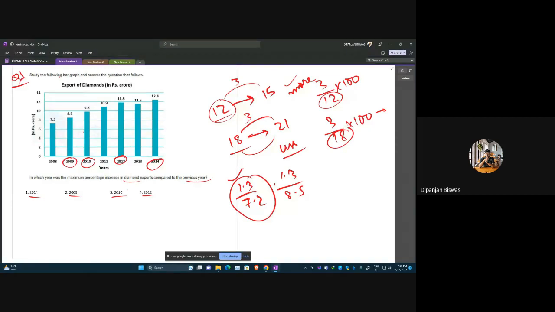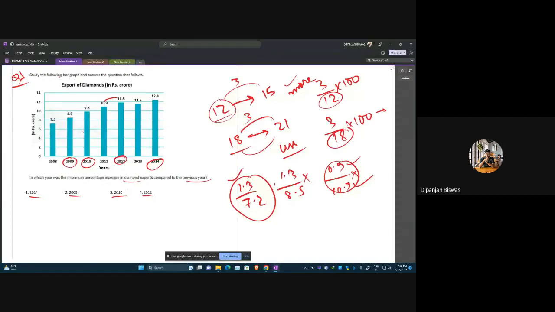Okay. In 2012, there is an increment of 0.9 on the basis of 10.9. This should definitely be less. Even the increment is less and the base is also higher. So you are ignoring this. You are also ignoring this.